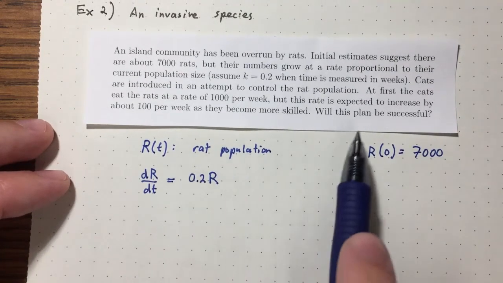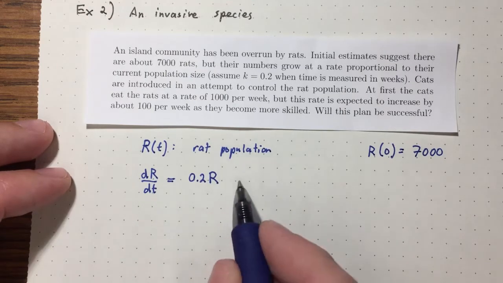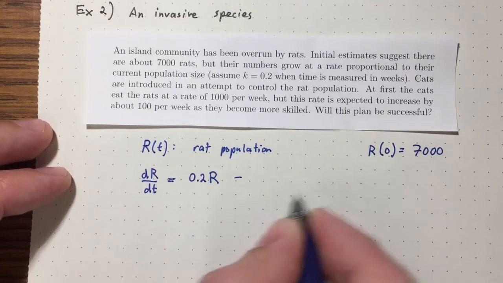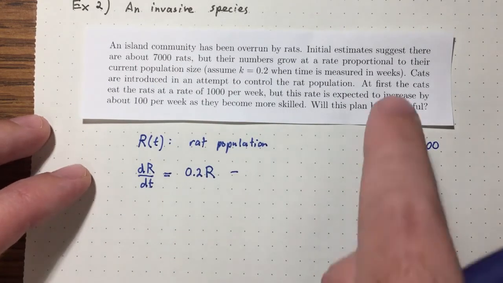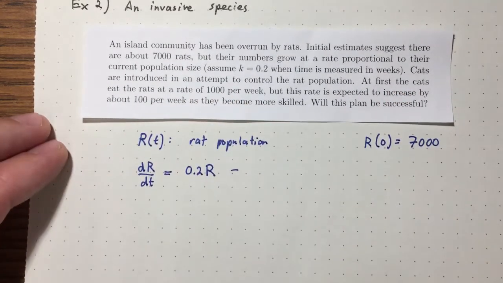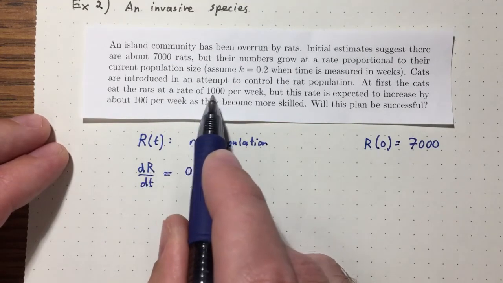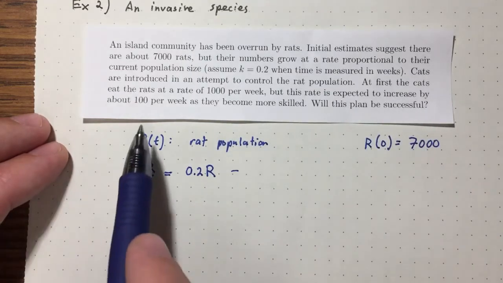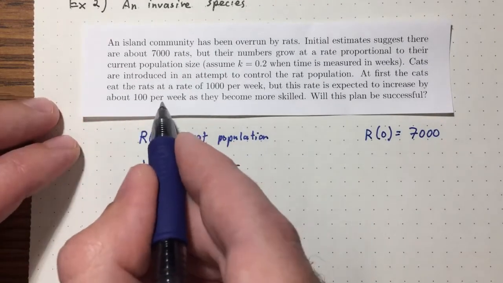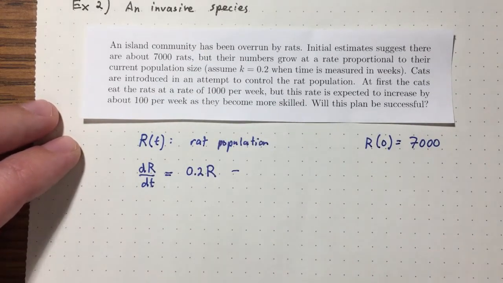It's saying that dR/dt is going to have a minus something here, because this is causing the rat population to decrease. Initially dR/dt is decreasing by 1,000 per week, but the rate at which the cats can eat the rats is increasing by 100 per week, because they're becoming more skilled at it.